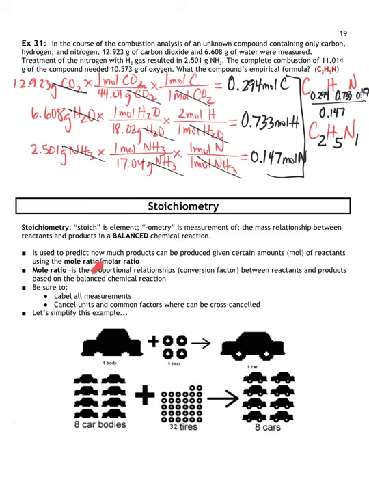And this methodology, this skill, is used to predict how much product can be produced given certain amounts of reactants using what is called a mole ratio. You can call it mole ratio or molar ratio. I oftentimes call it mole ratio. Mole ratio is the proportional relationship, which is the conversion factor between reactants and products on the balanced equation.